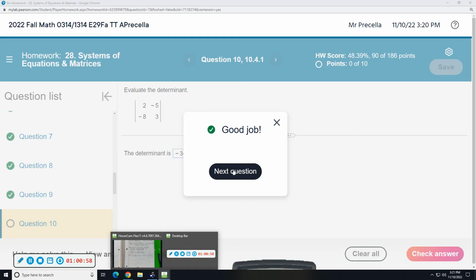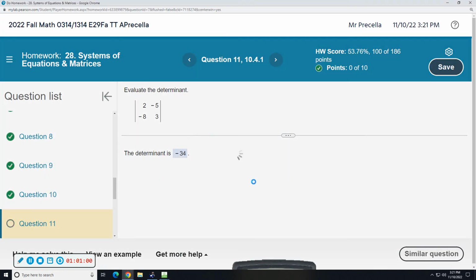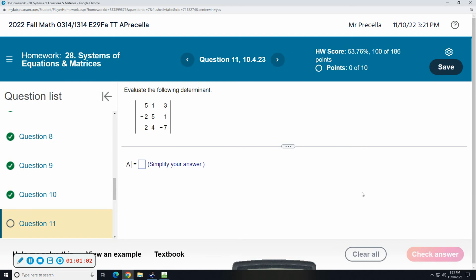Okay. Number 10. For a 3 by 3, number 11. For a 3 by 3 determinant, there are 2 different accepted processes. The method of using cofactors and rewriting it as a series of sums and differences of 2 by 2 matrices. You might see that if you view an example or click on the textbook.